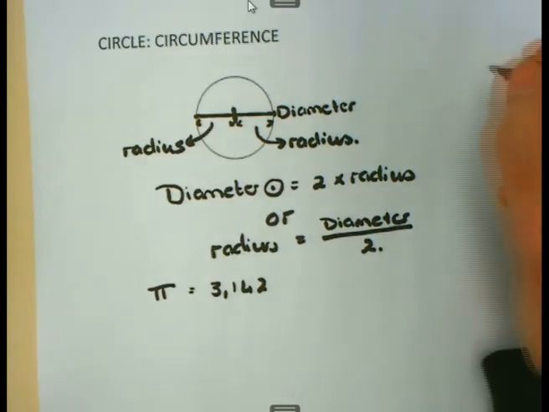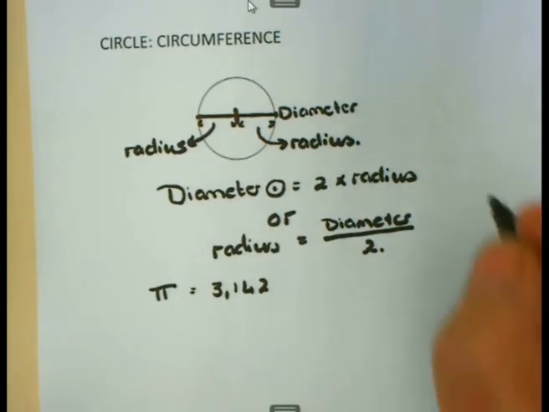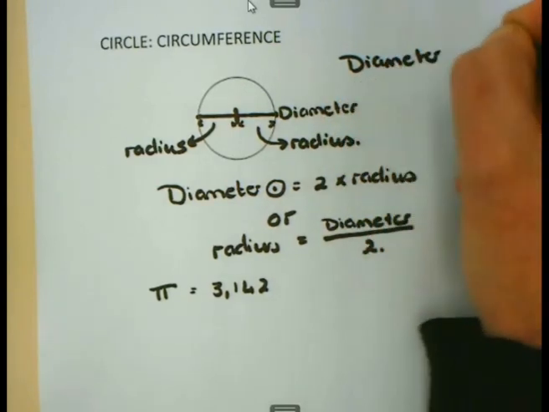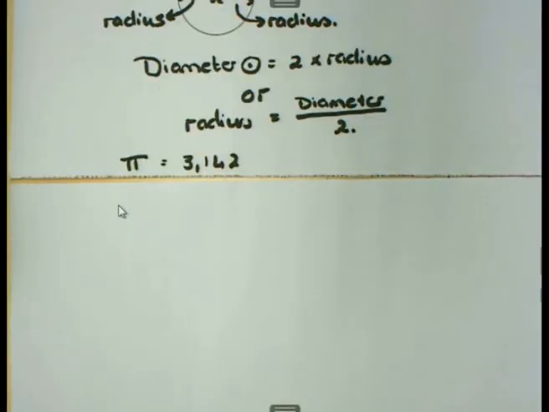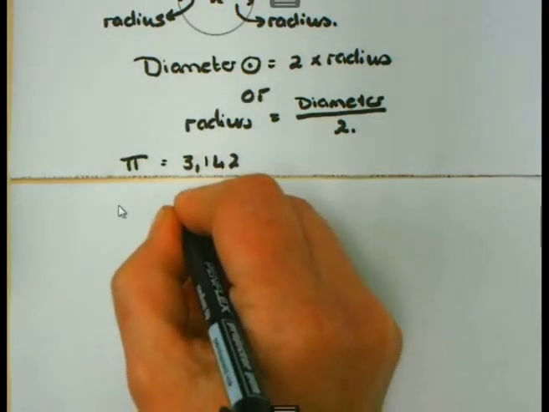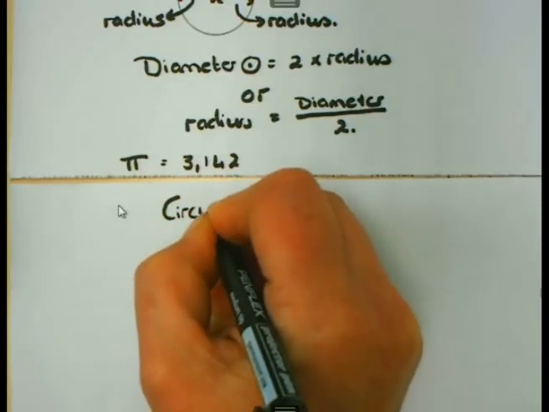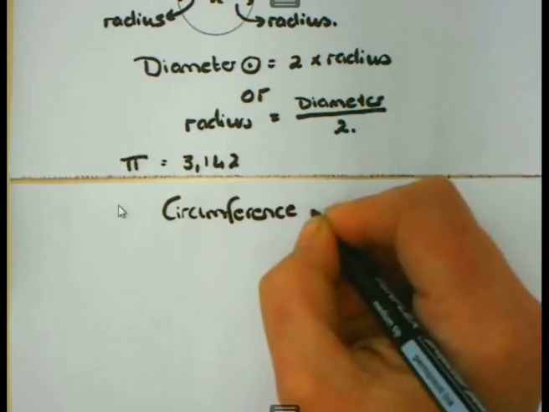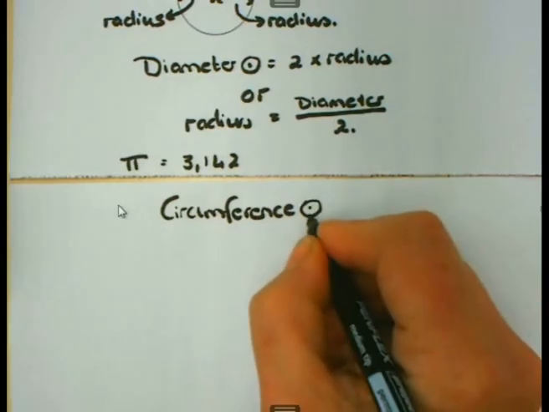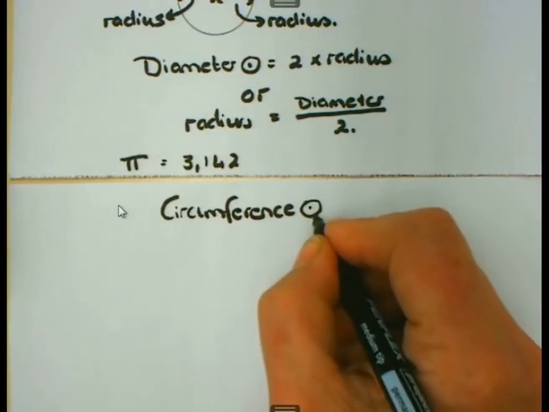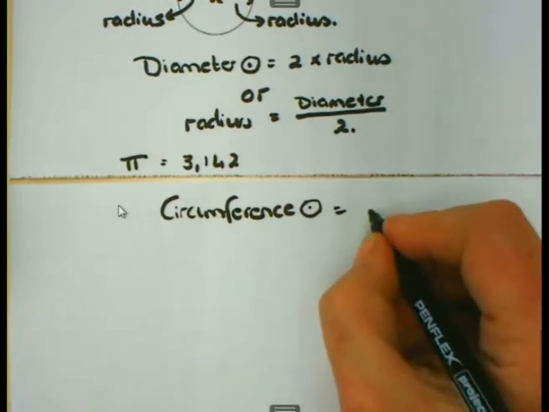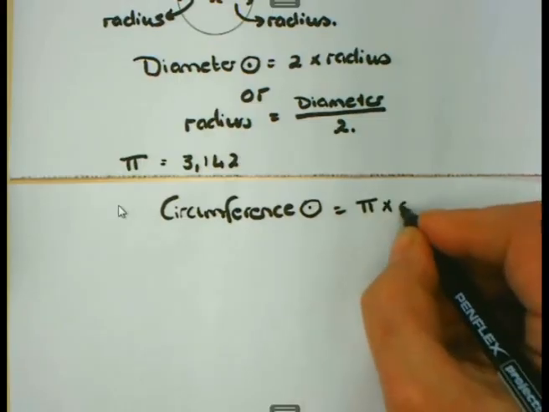Say for instance, I have a circle and the circle has a diameter of 20 centimeter. If I'm now going to calculate the circumference of the circle, I am going to use one of 2 formulae. The first one is pi times diameter. This symbol that I'm making here stands for the circle. It's pi times diameter.